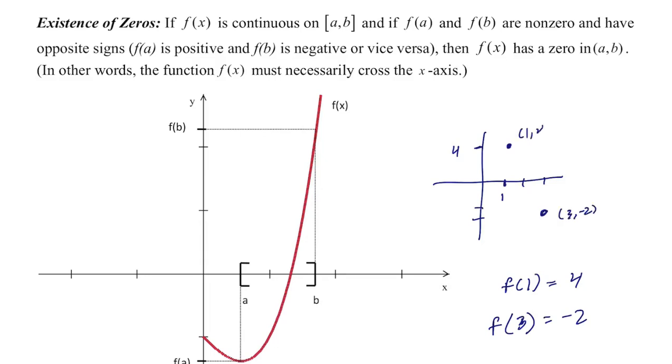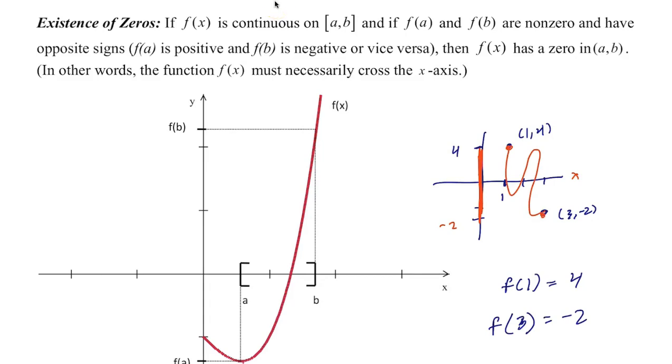This is 1, 4. What the existence of zeros theorem says, and it comes straight from IVT, is that since this is a continuous function, I'm going to have to cross the x-axis at some point. That's what IVT says. Every value from here must be used. So no matter how you graph this thing, you're going to have to cross the x-axis at least once. And that's the existence of zeros.